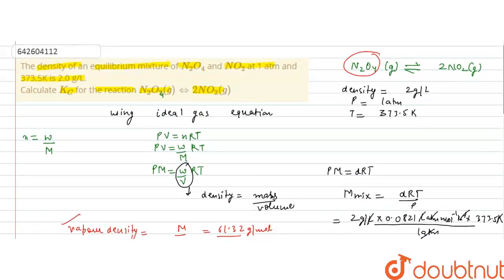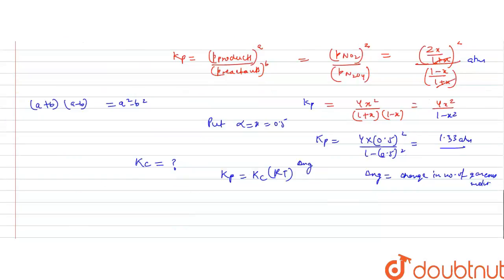Gaseous moles of product is 2 and gaseous moles of reactant is 1, so 2 minus 1, that is 1. So delta Ng for this reaction is 1. It means Kp is equal to Kc RT power 1. So we can write Kc is equal to Kp divided by RT because delta Ng is 1.